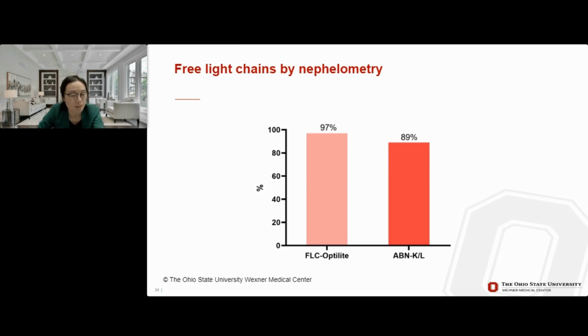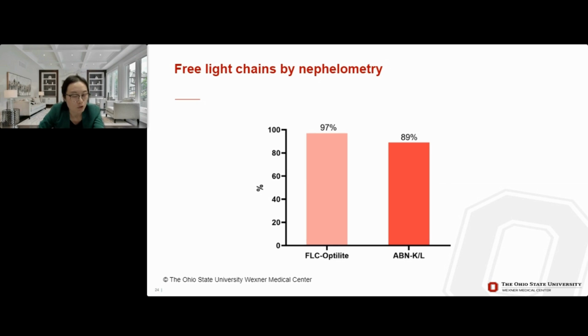Here is my data analysis. In our institute, we have 75% free light chain orders together with SPEP. The rest of 25% SPEP orders without free light chain order turn out with the majority of normal results. That is pretty good, actually.